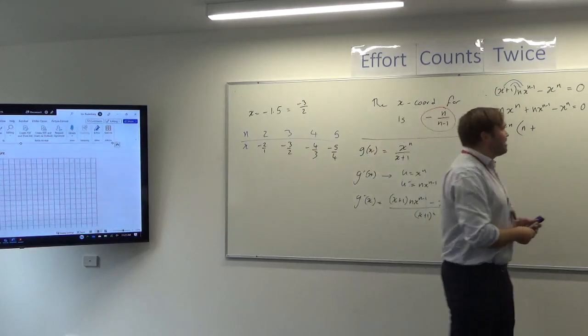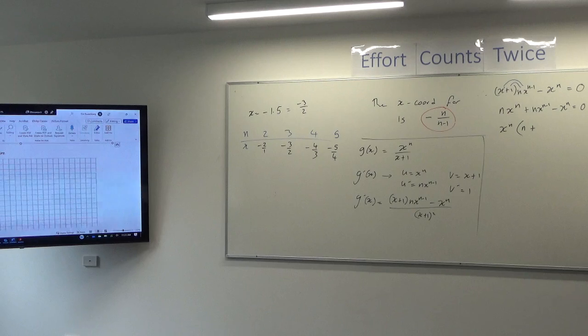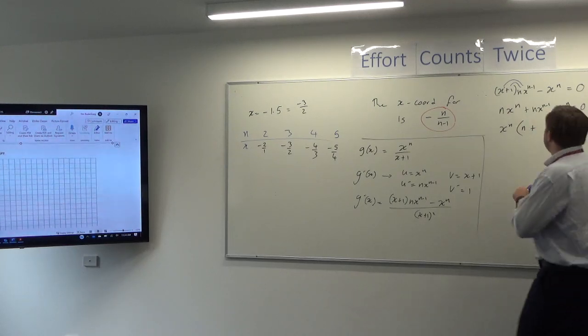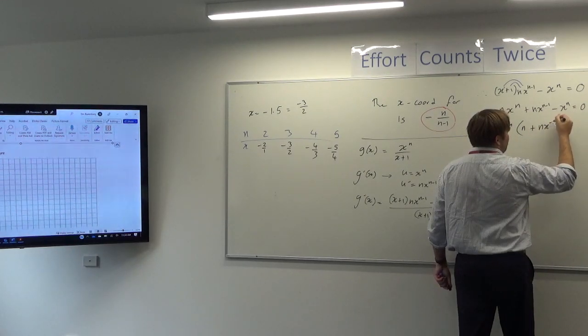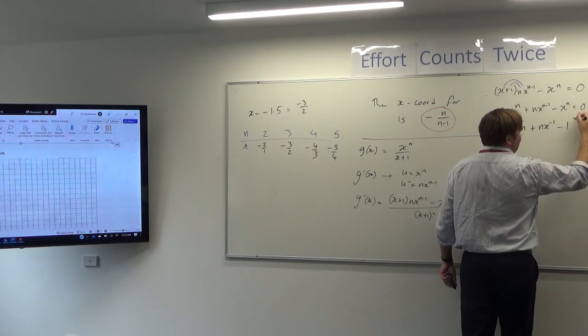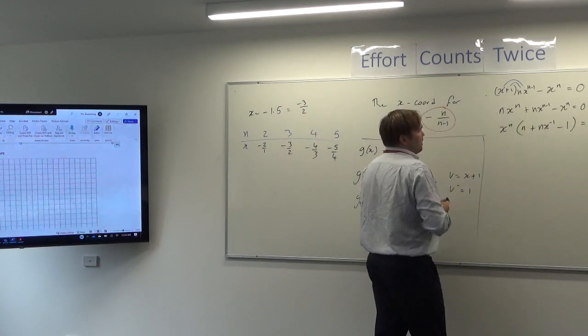It is a bit disgusting, so I'd almost be thinking off to the side, if I have x to the n multiplied by x to the something equals x to the n take 1, what must the something be to get me back there? Yeah, neg 1. So do feel free to take it off to the side, because if you're factoring out x to the n, you're pulling it out here, and you know you need to multiply it by something to get there, so I'm thinking this is really n x take 1 minus 1 equals 0, because I've factored this out.